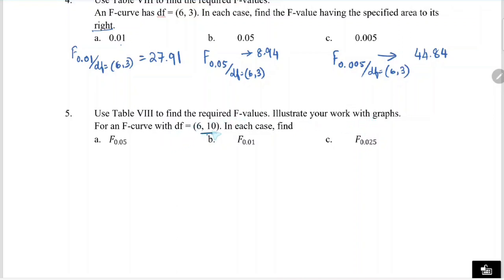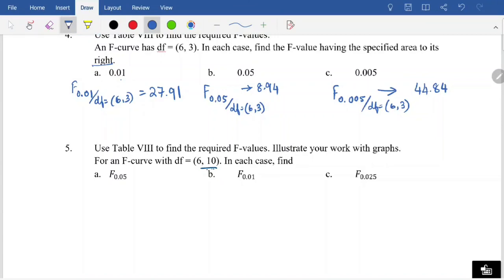So this time we have a df of 6, 10. So let me just write in proper notation. F of 0.05 with df equals 6, 10, correct? Now we'll go to the table.